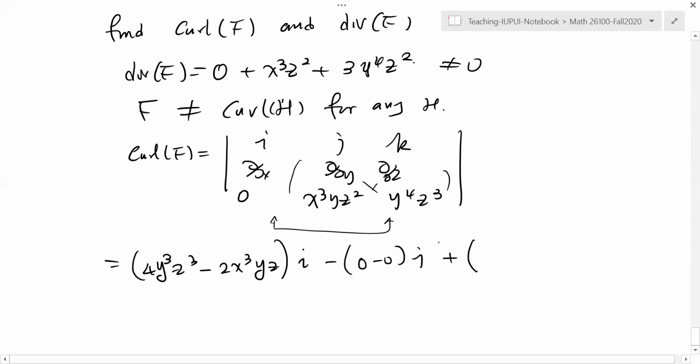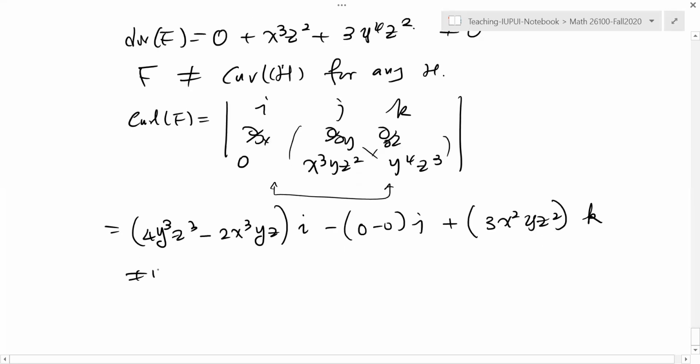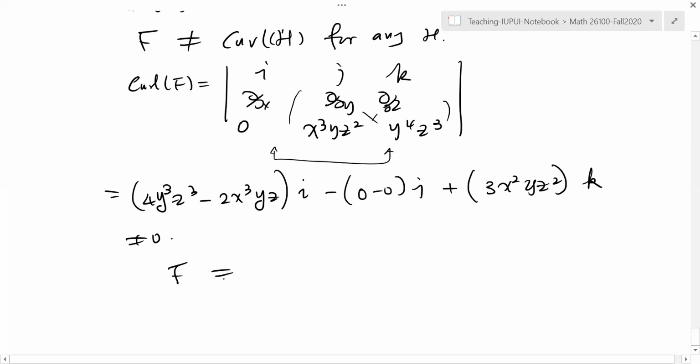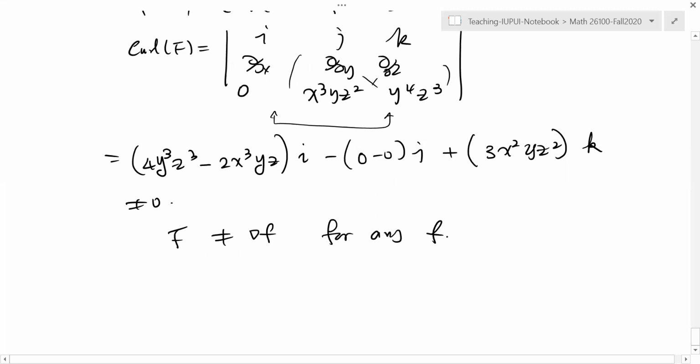Plus, I think it's just 3x squared yz squared. So you got 3 components. It's not going to be 0 either. So that means f is not going to be the gradient for any f. Yeah, that's bad, right?